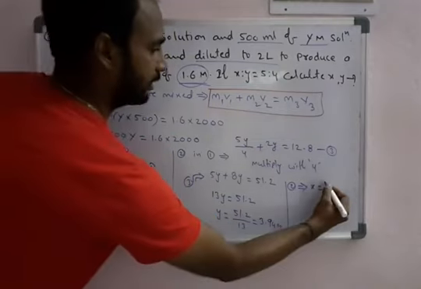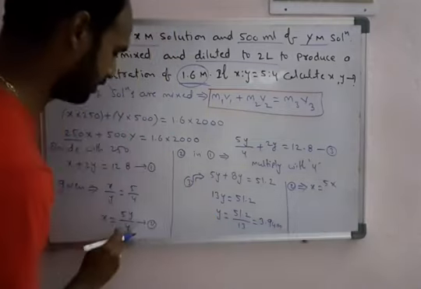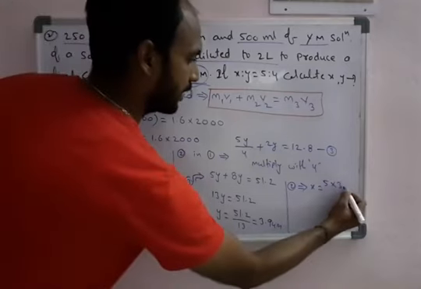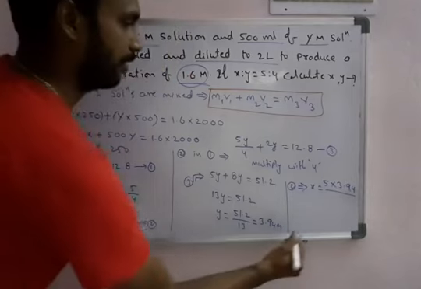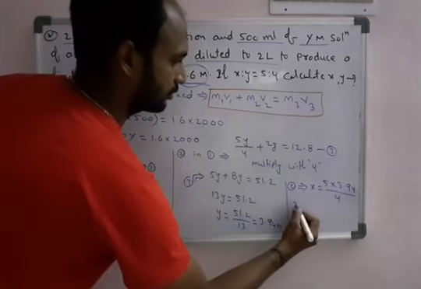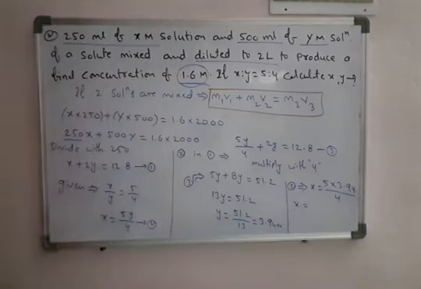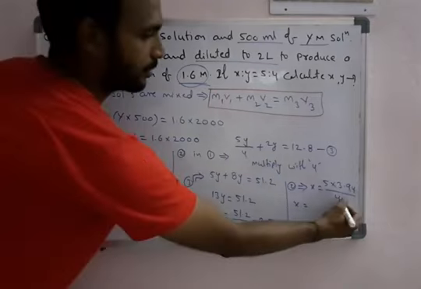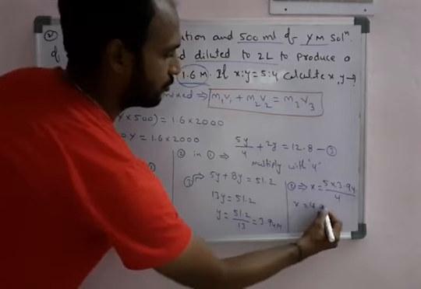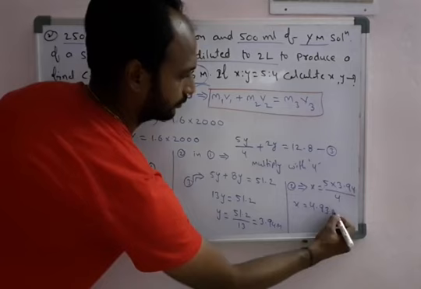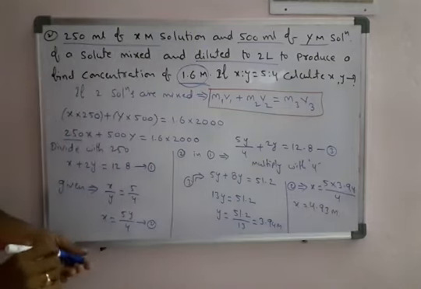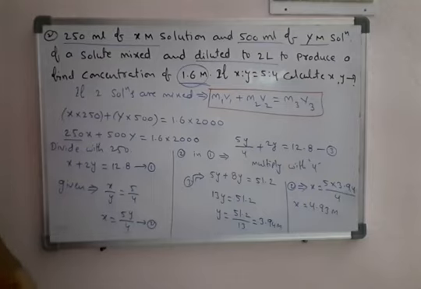That is 5y by 4, 5 into the y value obtained as 3.94, approximately 4, by 4. Finally we got approximately 4.9. Okay, so these are the concentrations of the two different solutions.